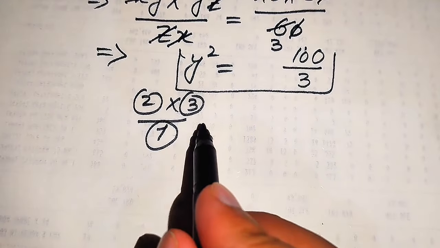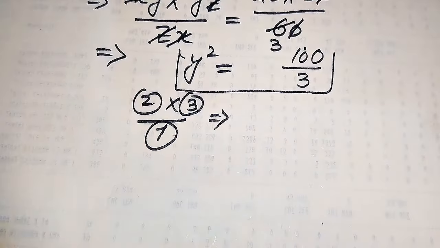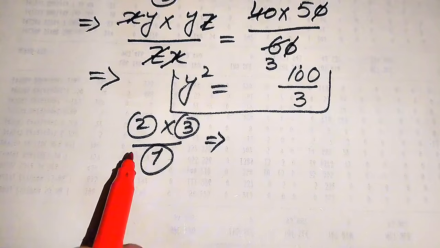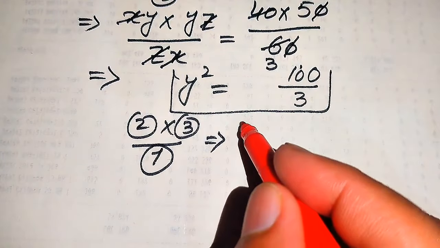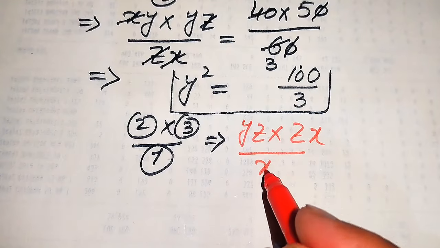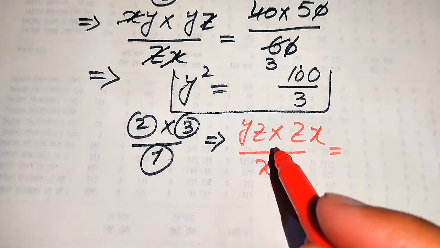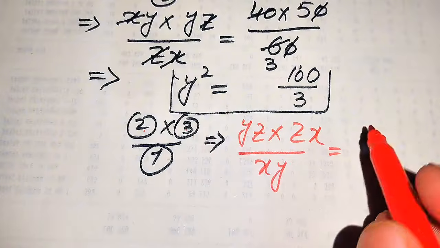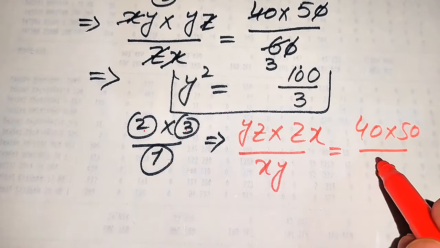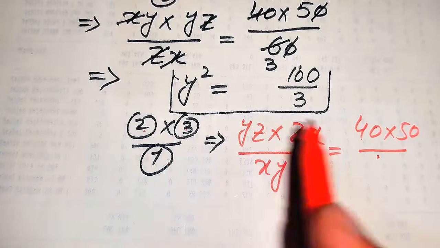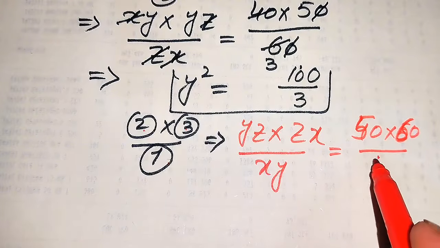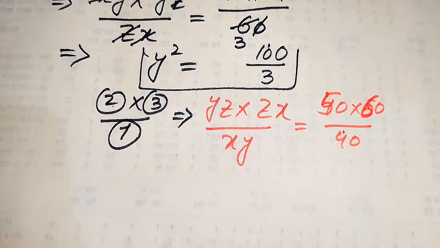According to this step, the left hand sides of equation number 2, 3 and 1 are yz, zx and xy, equals, similarly, the right hand sides of equation number 2 and 3, which are 50 multiplied by 60, and the right hand side of equation number 1 is 40, divided by it.